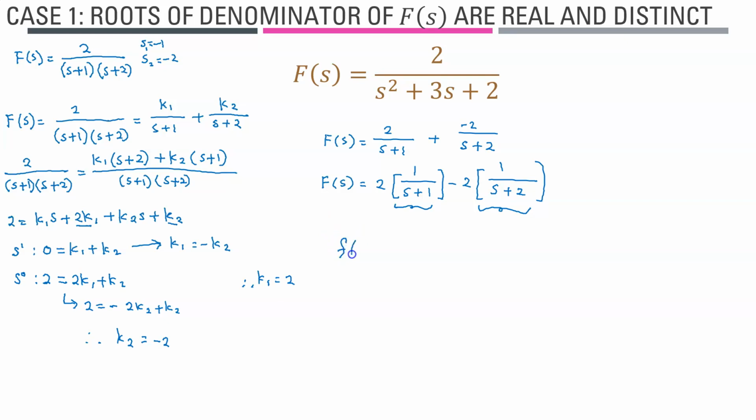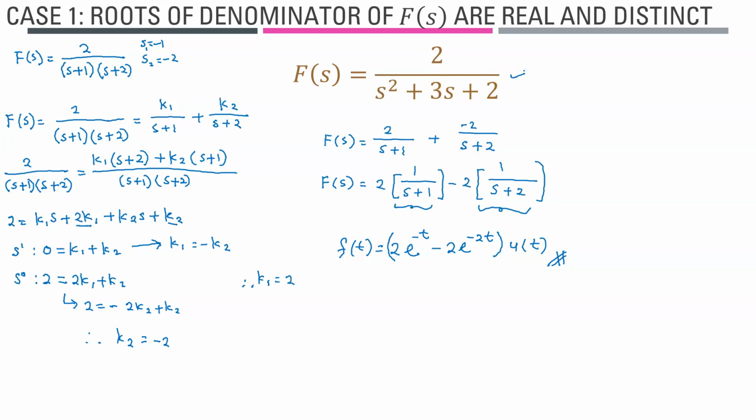So f of t equals 2 times e to the minus t, which is similar to 1 over s plus 1, minus 2 e to the minus 2t, and the whole thing multiplied with u of t.